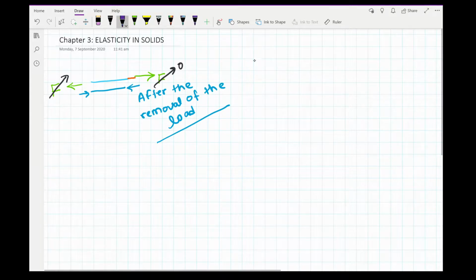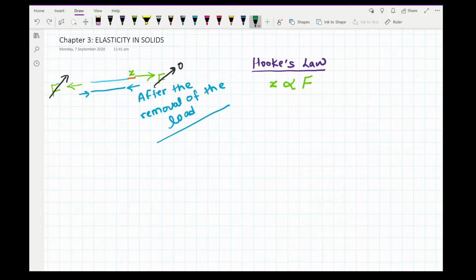We might have heard about Hooke's law, which states that extension, if this was x, is directly proportional to the force F. Then we can write this in this form: F equals kx, where k is our constant and is known as spring constant.